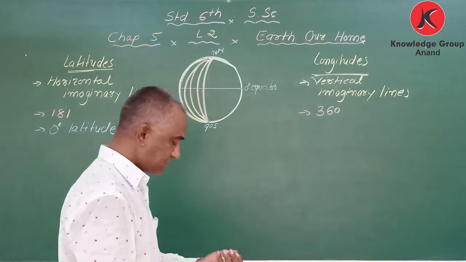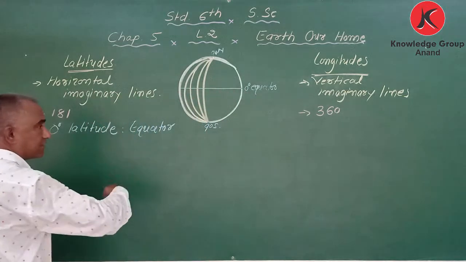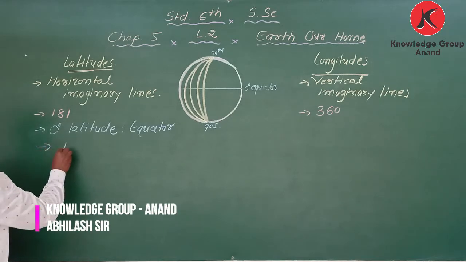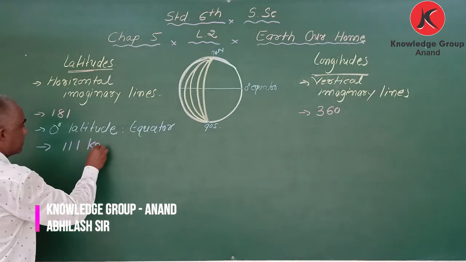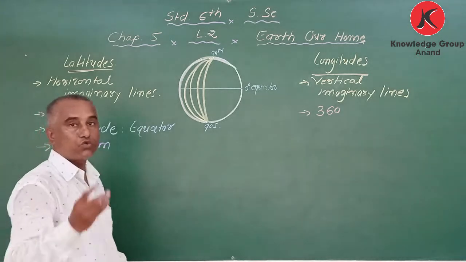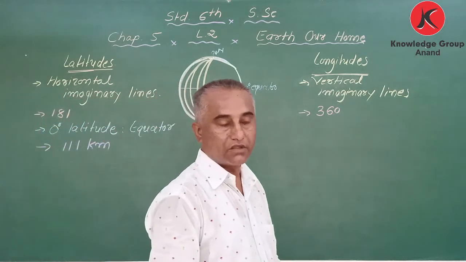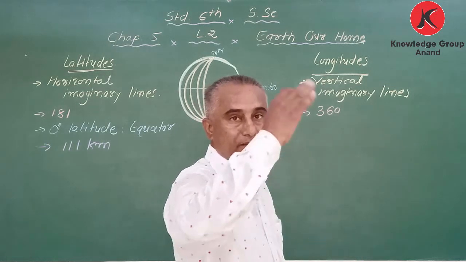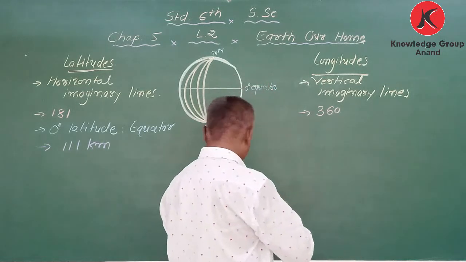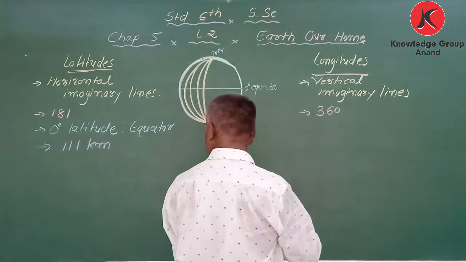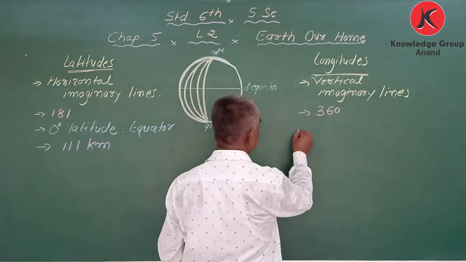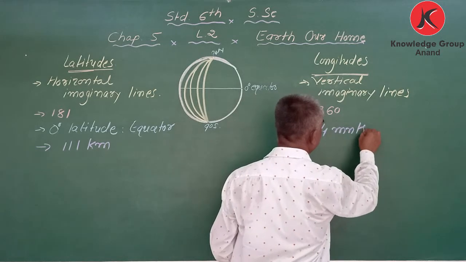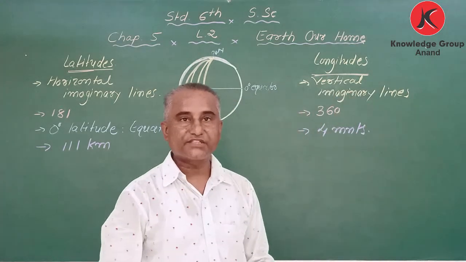Yesterday I said the distance between two latitudes is 111 kilometers. But here the difference is not in measuring distance. Here the difference is 4 minutes. That I will explain later on.